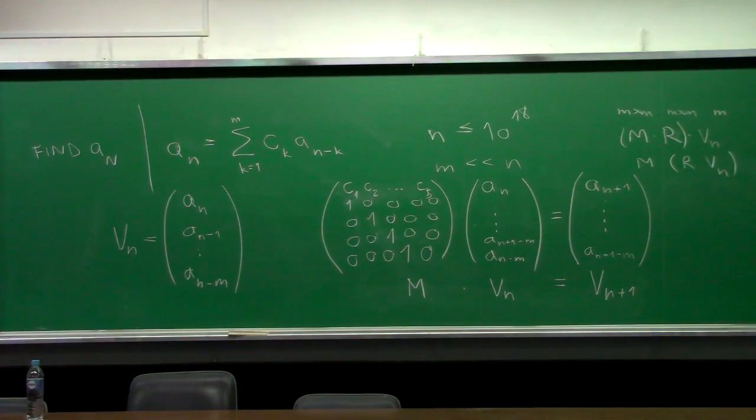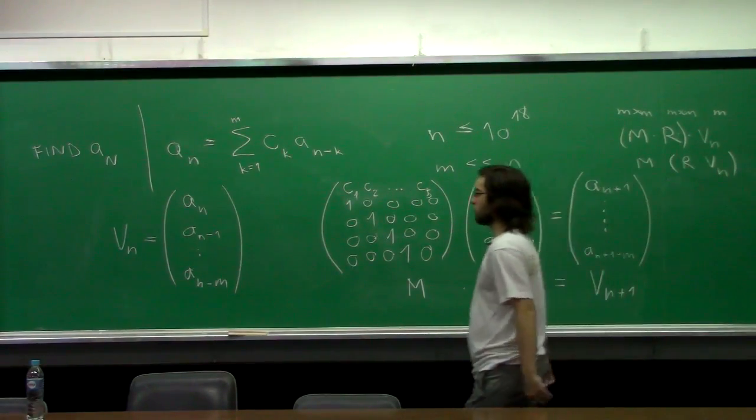Then this would be O(m^3), and this would be O(m^2), because first we just do this. This can be computed in O(m^2), and we get a vector. The product of a matrix and a vector is again a vector. So we get a vector with again size m, and we again multiply it with a matrix of size m times m. So there are just two multiplications of a matrix and a vector, which is much faster.